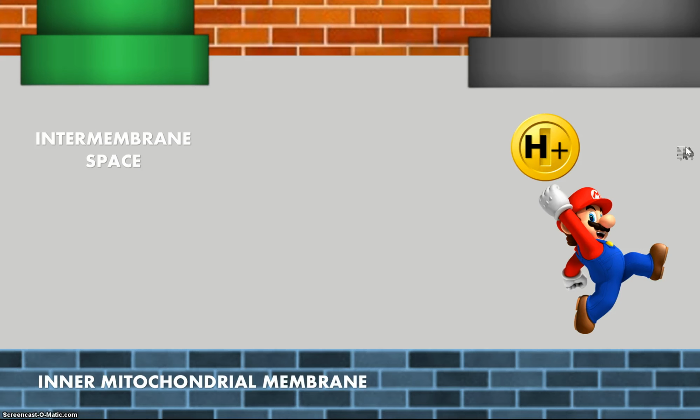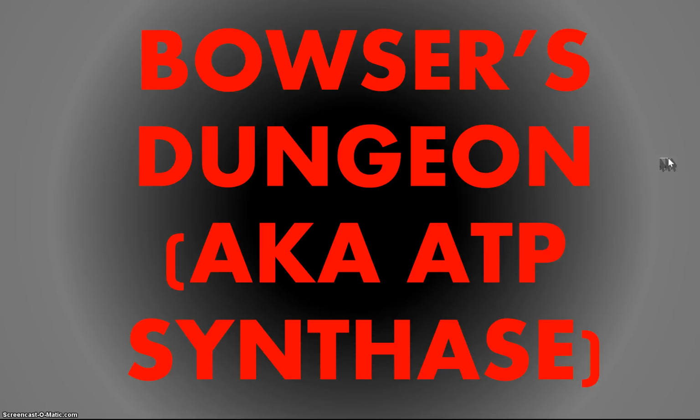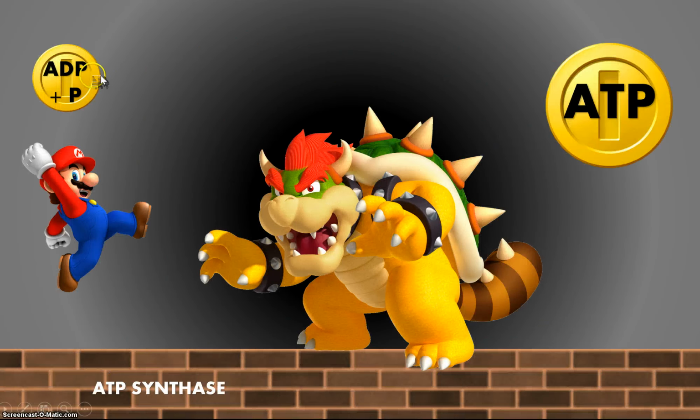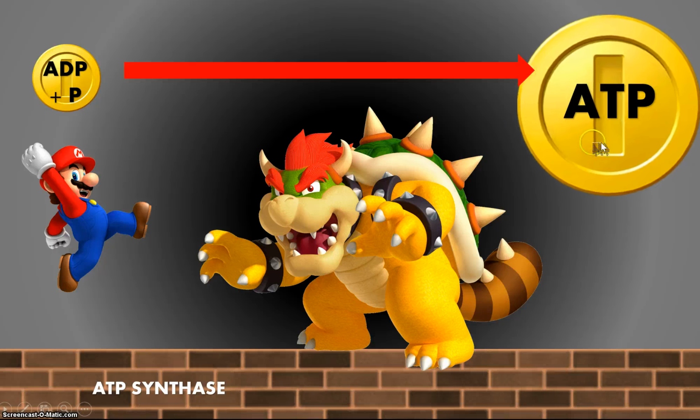So the H plus is going to go into the ATP synthase, which is chilling in the inner mitochondrial membrane. And when we get in, or Bowser's Dungeon, you're going to see that ADP needs this phosphate group here to make ATP over here.